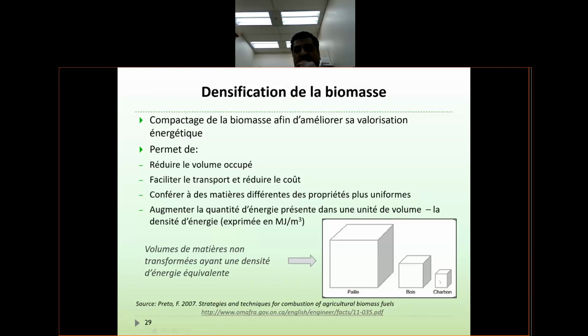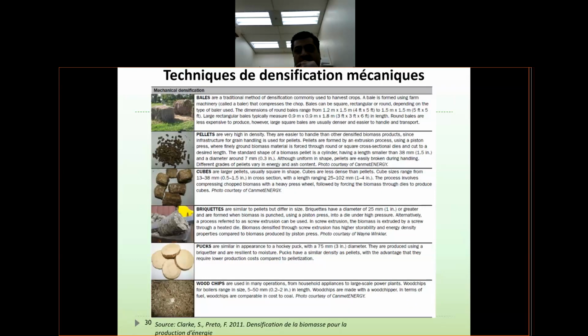You can see, for example, corn stover requires less energy compared to wheat straw. And also, in terms of moisture content, if you compare this value to this value, depending on the moisture content, the energy requirement is also different.